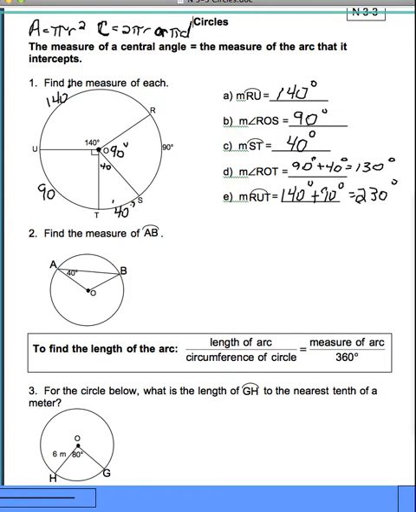Now, find the measure of arc AB. Well, we have a triangle inscribed inside a circle, and we know that all of the angles of a triangle add up to be 180, but these are not labeled. But we do know that line segments AO and OB are radii. Therefore, they are congruent.